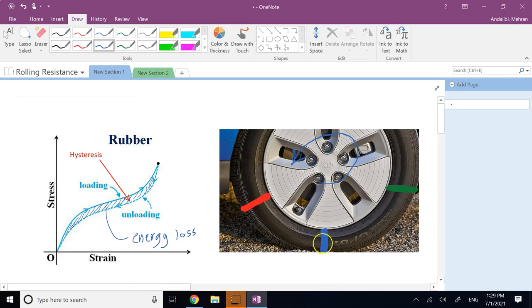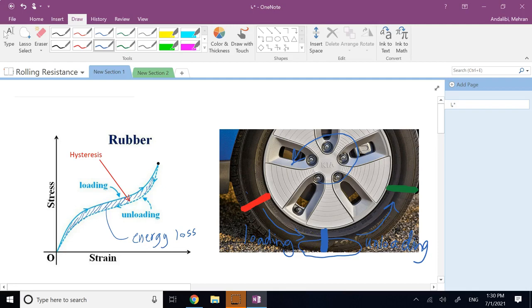The length of the red patch is way bigger than the blue patch. You can easily visualize that. And that means a compression. So when it comes into contact, here we call it the contact patch, you are going to have a compression, and then when it goes back, the compression is released because the weight of the car is not on that contact patch anymore, and so you have unloading. So from here to here, this is loading, and from here to here, it is unloading. And during this process is where you lose some energy.